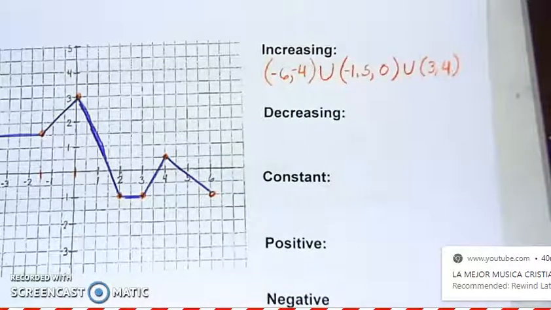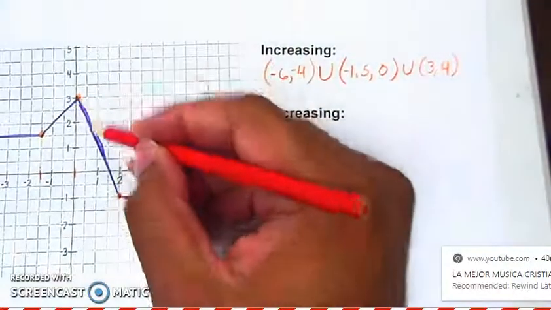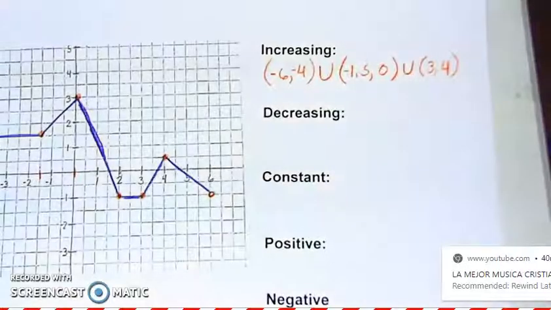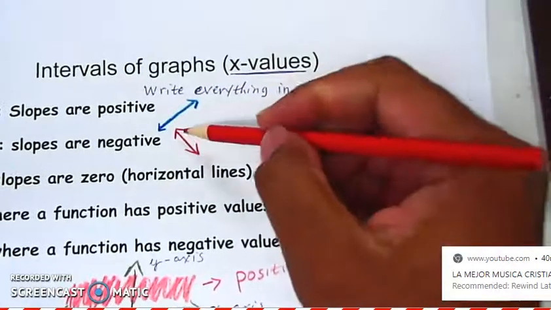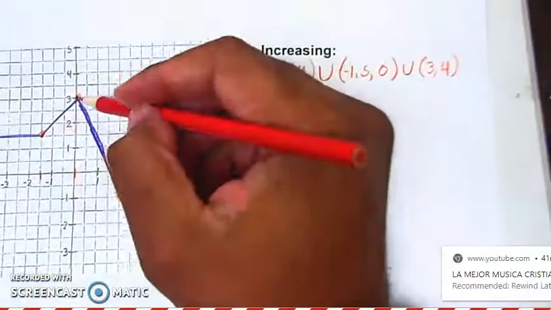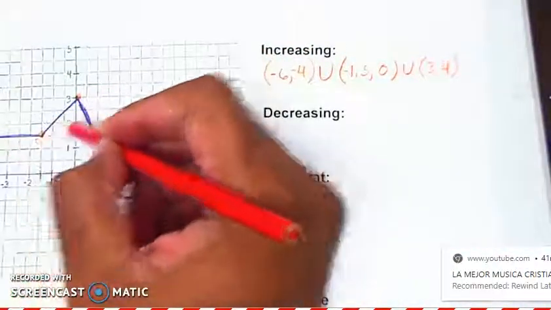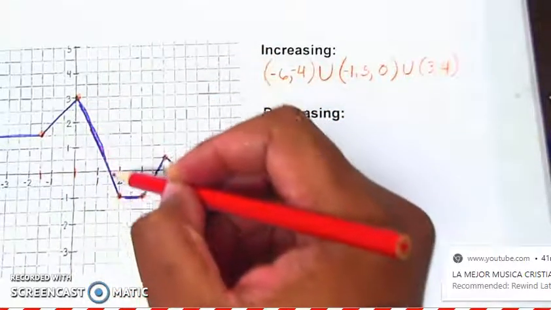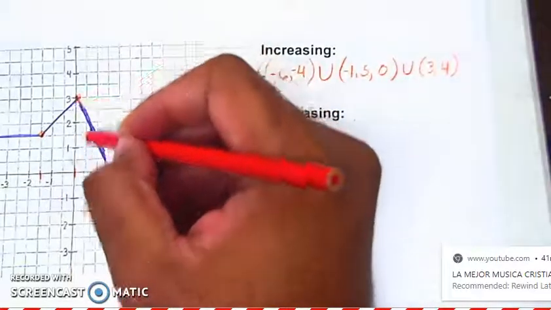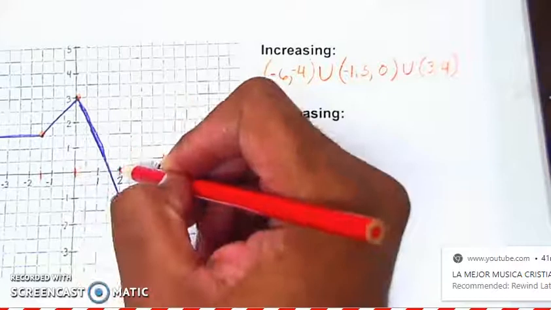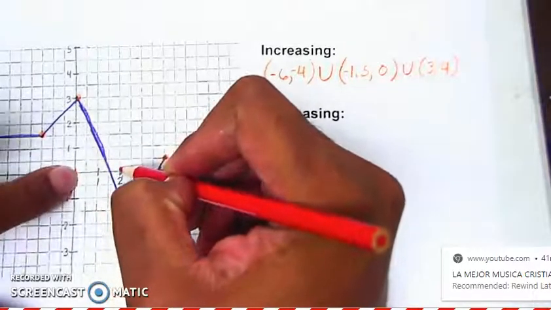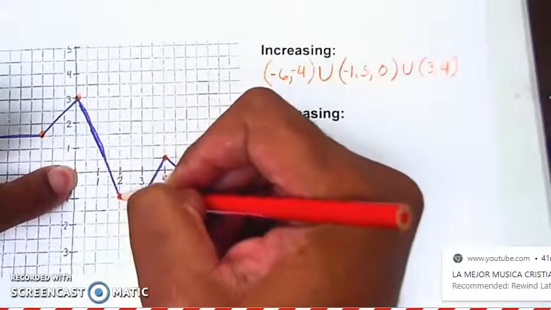So when we come to our decreasing portion here, anything that's going down is decreasing. So here, this is increasing, that's constant, increasing, it's going down right here. So from x equals 0 to x equals 2, so from here to here, the graph is going down.